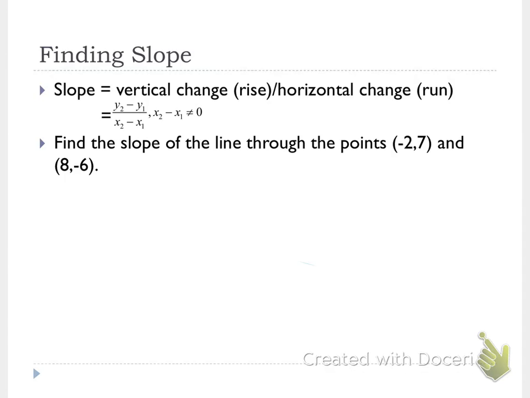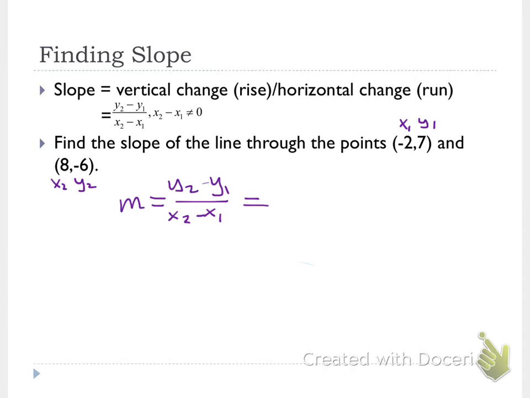Finding slope. Well, slope is rise over run, rate of change. When you're doing it and they give you 2 points, you pick your points, whichever one you want to be x1, y1 and x2, y2. So m equals y2 minus y1 over x2 minus x1.